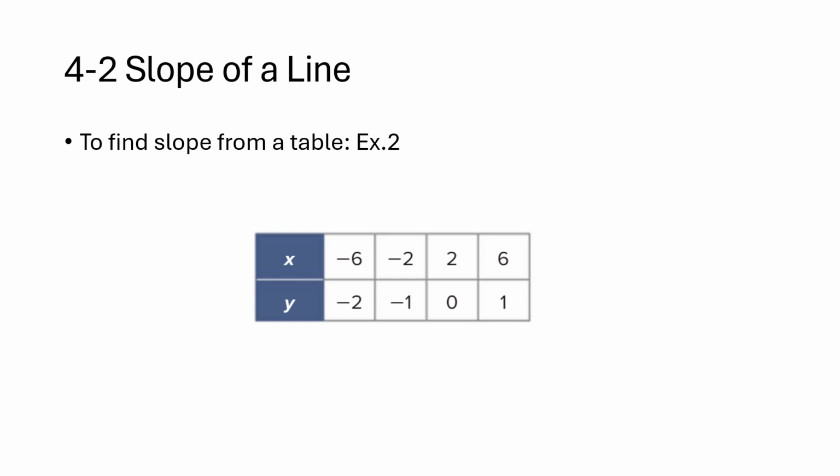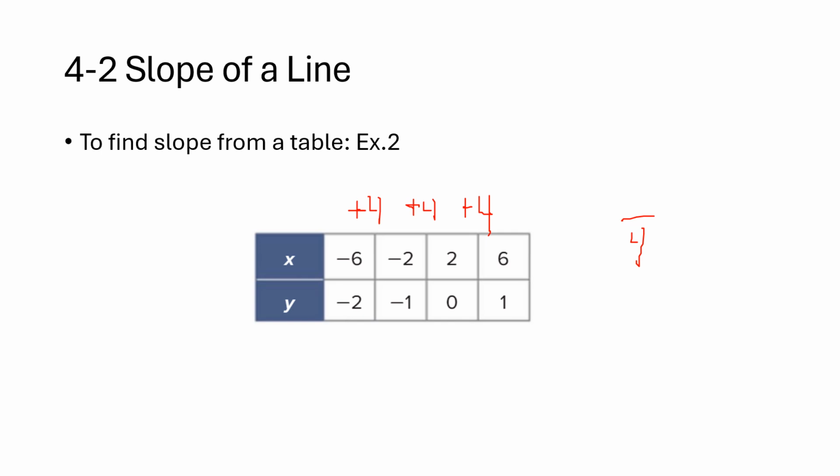So our x value is changing from -6 to -2, that's +4. From -2 to 2, that is also +4. And from 2 to 6, that's also +4. So we have a constant change in our x value, our run, of 4.